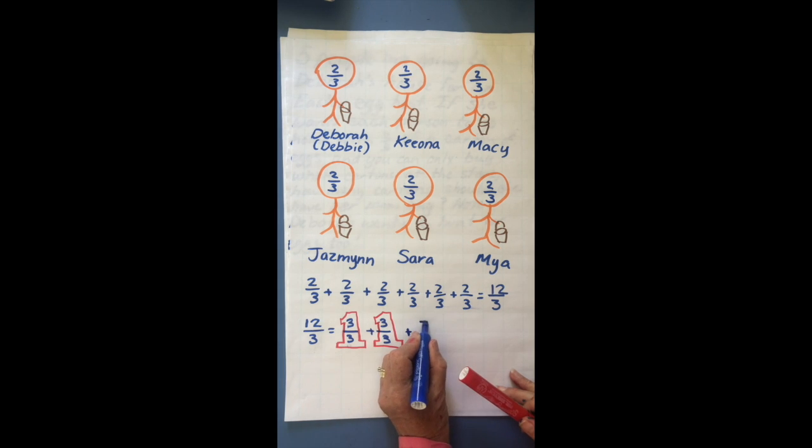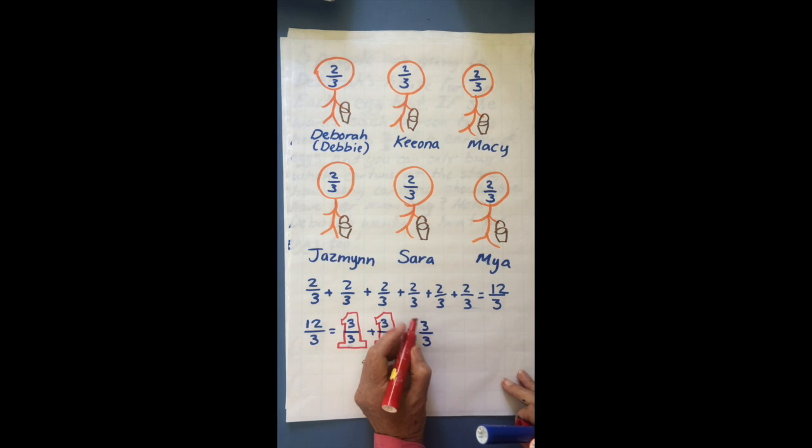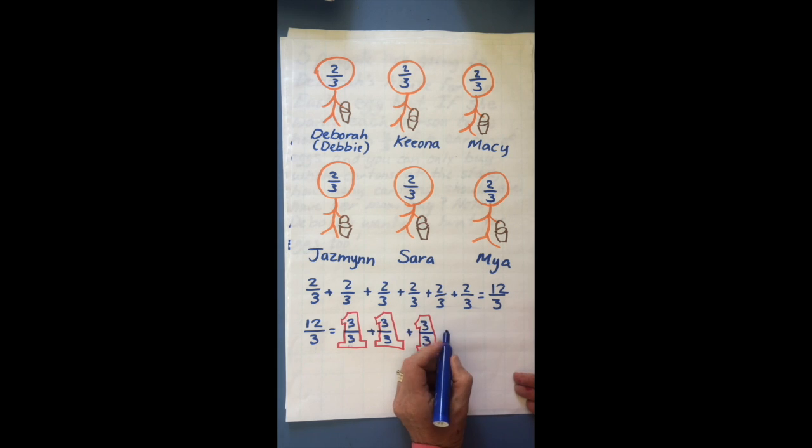So I'm going to take out another hidden whole. Boy, there are a lot of hidden wholes in this. Okay. Got this one. And I have 3, 6, 9/3. Still not 12/3. I can take out another third. And if not, I would just erase this number. But I think that's going to add up to 12/3.